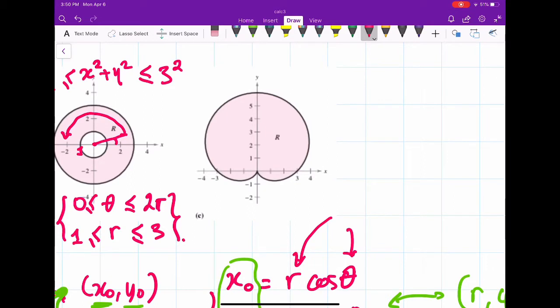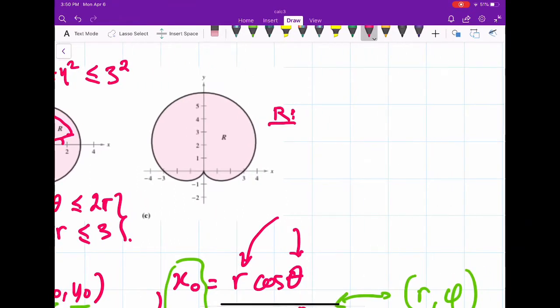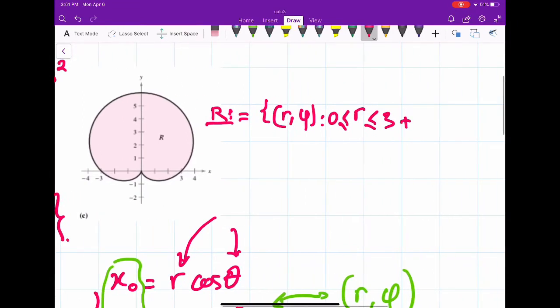All right, let's move to the next region, which is more complicated. This is a cardioid, and in this case we can write the region R as follows: all points (r, phi) such that r is greater than or equal to 0 and less than or equal to 3 plus 3 sine of phi, and the angle phi is between 0 and 2 pi.